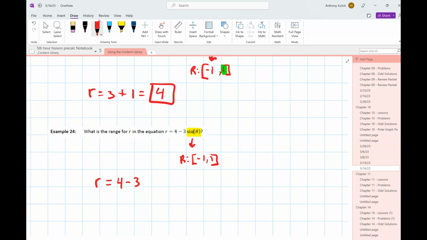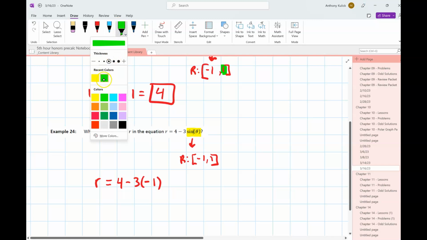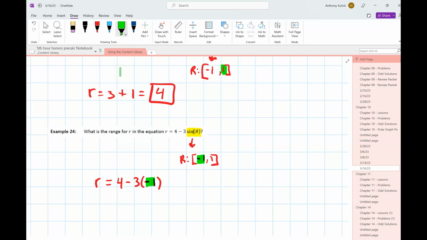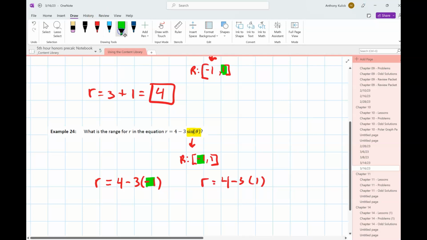So we know that one maximum or minimum is going to occur when sine is -1. And then the other extrema is going to occur when sine is +1. So if I do that, I get 7.